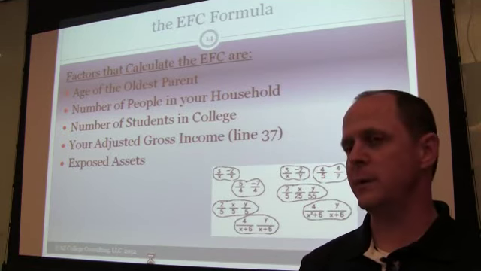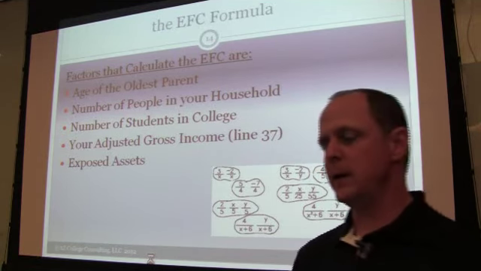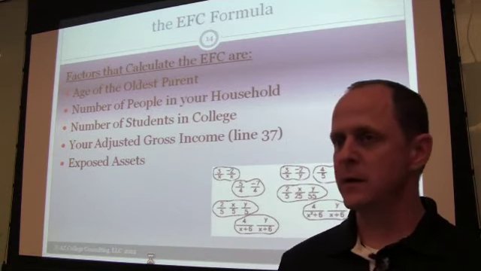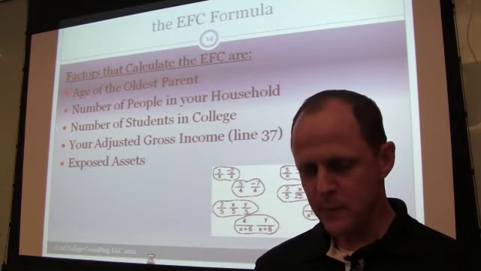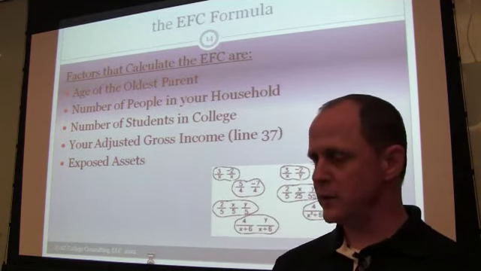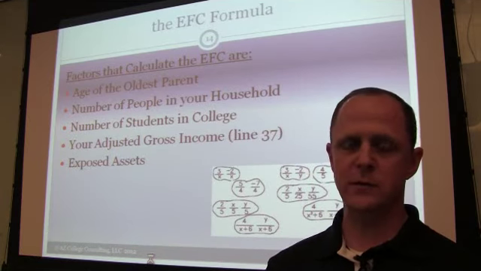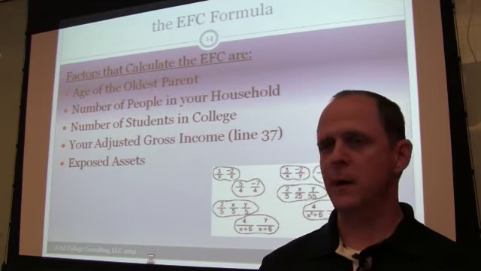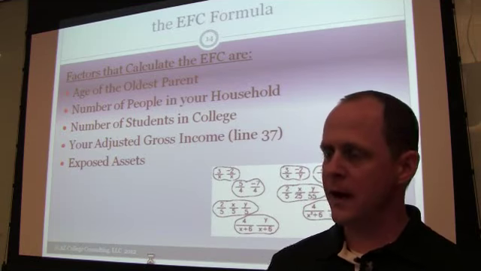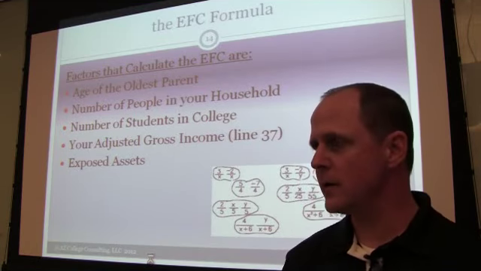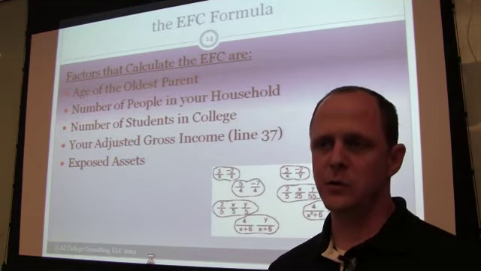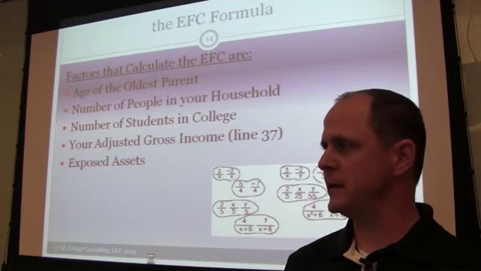And then number of students in college. This is one of the big factors. If you've got one student in college and you've got a younger student who's still in high school, maybe a junior or senior, have that student take a couple community college classes, and you could theoretically cut your EFC in half.